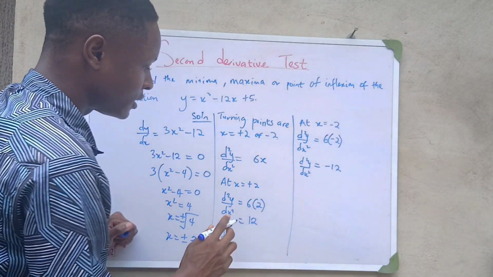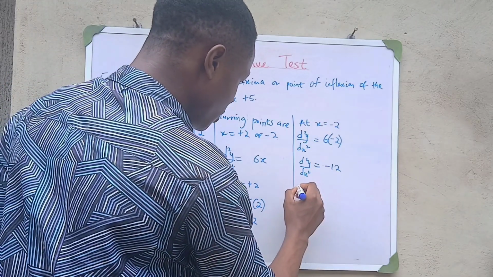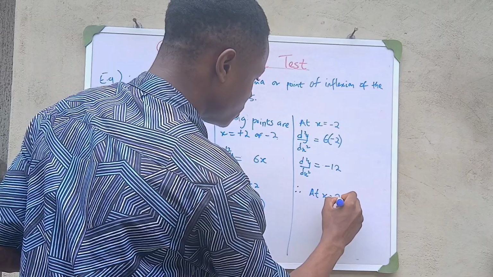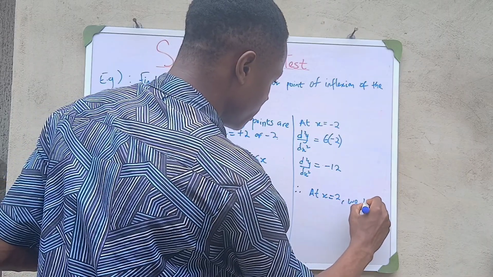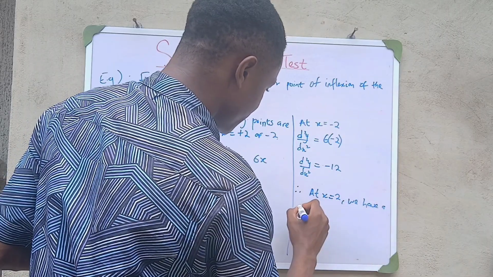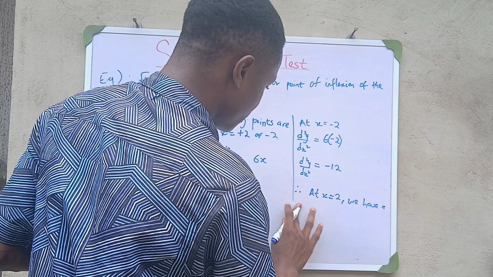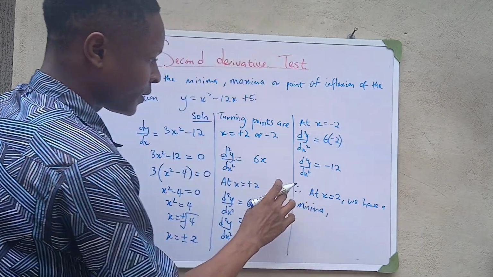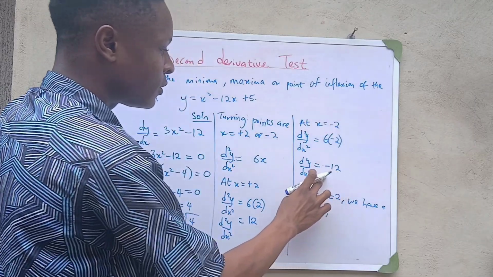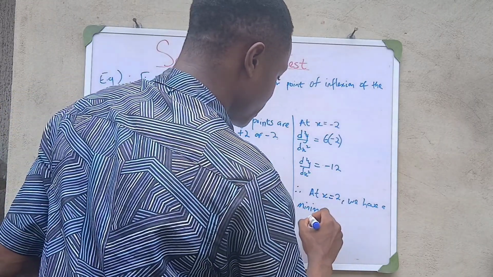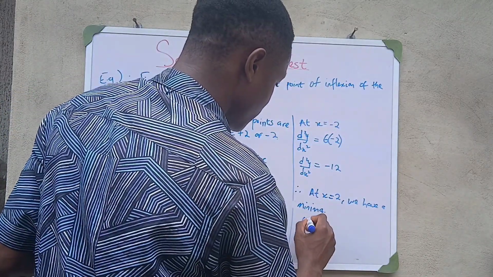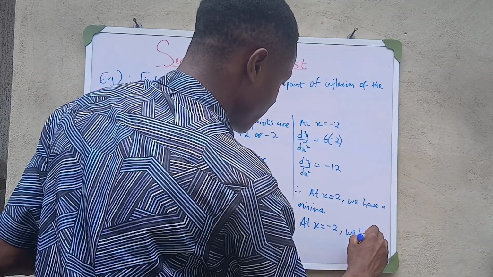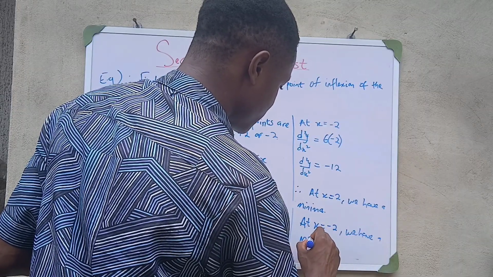So we can say therefore that at x equals 2 we have a minimum, and minus 12 is less than 0, so at x equals minus 2 we have a maxima.